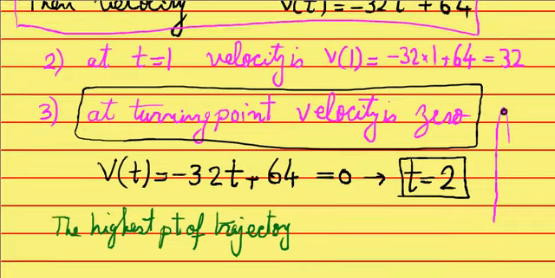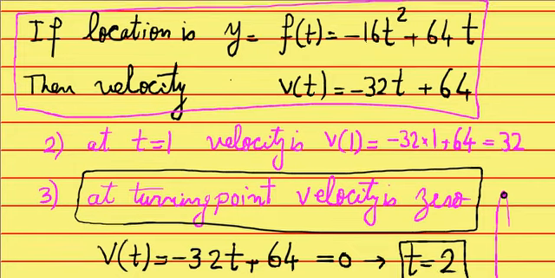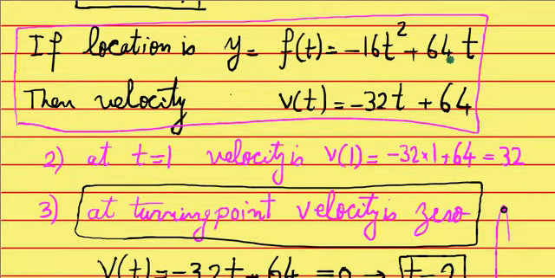Well, remember, f is given for us. This is the position, the location. If you know the object has reached its highest position at time equal to 2, I'll go ahead and put t equal to 2 here.